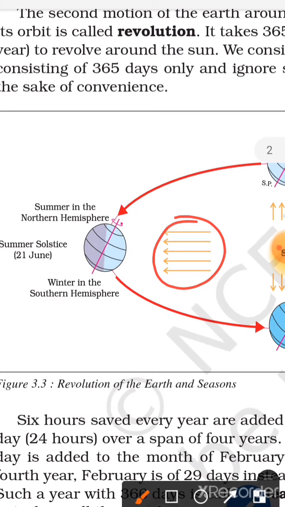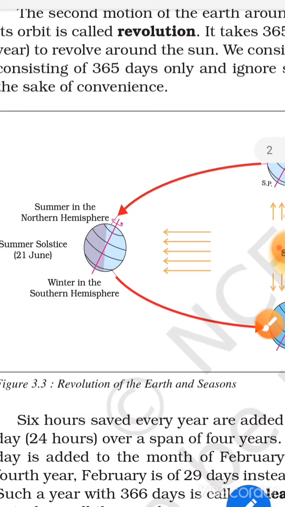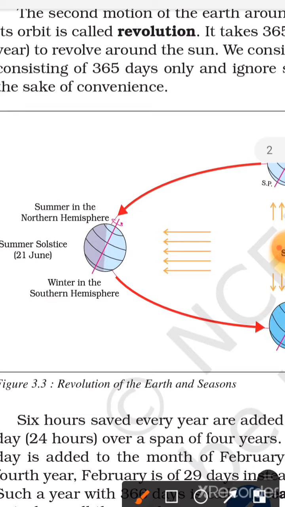Okay, and exactly at the 21st June, the places in the northern hemisphere have the longest day and the shortest night. And exactly the opposite condition is there in the southern hemisphere. Now you can see in the diagram that the southern pole is away from the sun.